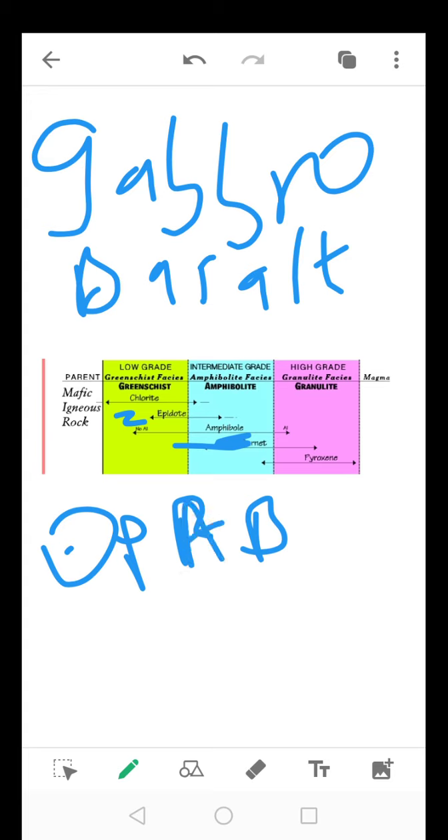Amphibole and biotite are the discontinuous minerals. So pyroxene is a mafic mineral that is formed at higher temperatures. So you can tell that now when we have granulite facies, it would have more of this pyroxene.